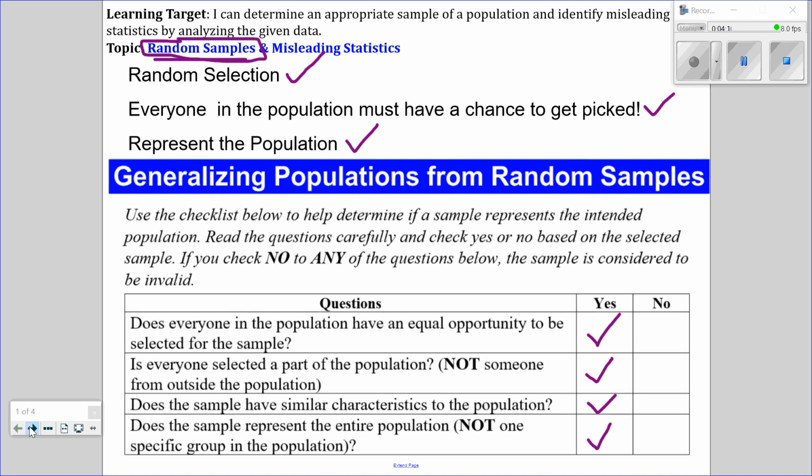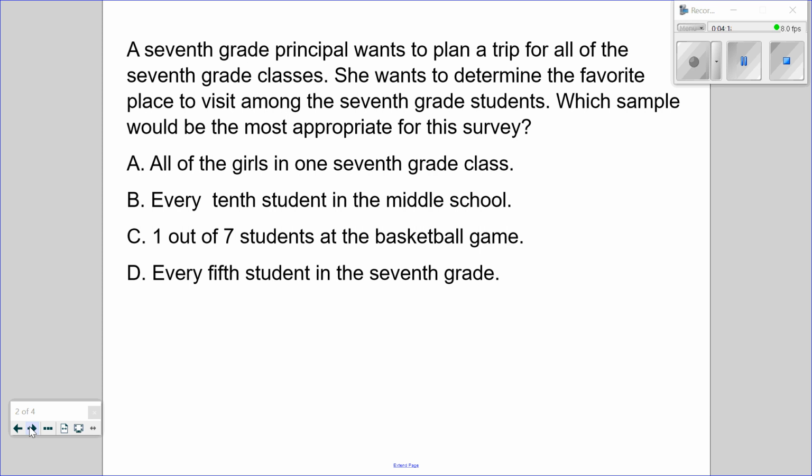Okay, so I'm going to look at an example. It says a seventh grade principal wants to plan a trip for all of the seventh grade classes. She wants to determine the favorite place to visit among the seventh grade students. Which sample would be the most appropriate for this survey?